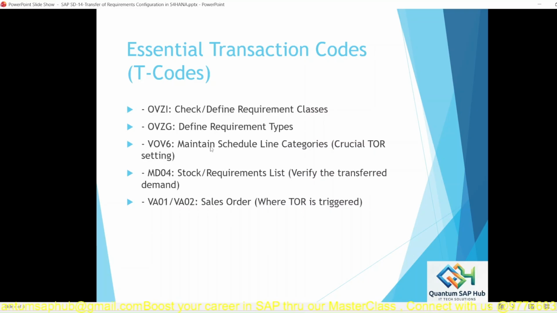MD04, where you can see the stock requirement list and the sales order requirement which is created. And VA01, VA02, where you can create the sales order and where the TOR is triggered.